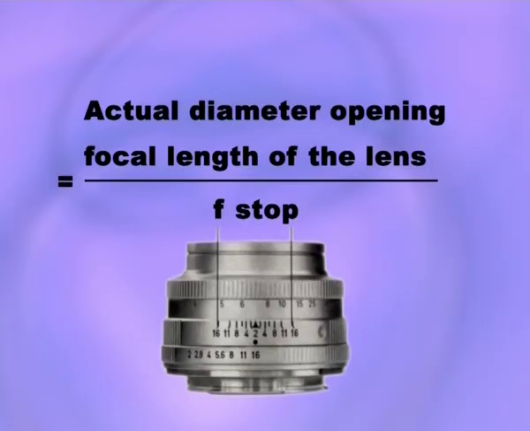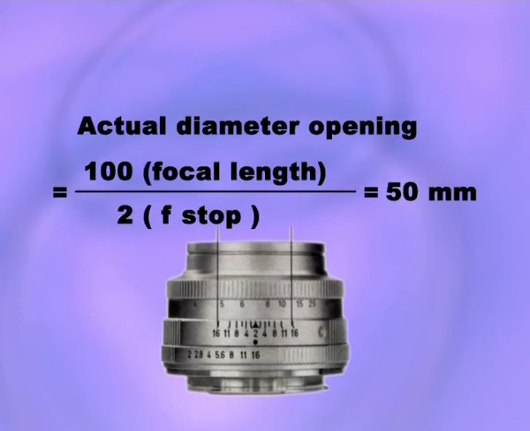There is a formula to this. The actual diameter opening is equal to the focal length of the lens divided by the f stop. So, if the focal length is 100 and the f stop is 2, then the actual opening is 50 millimeters.